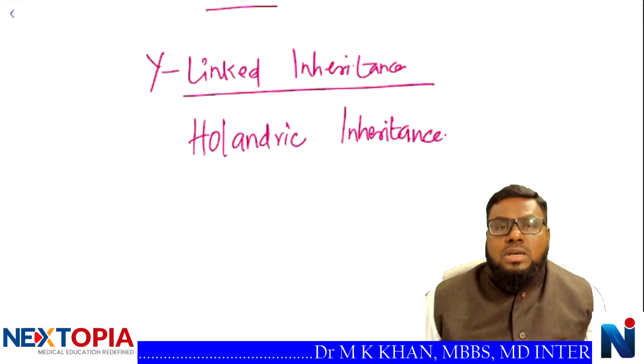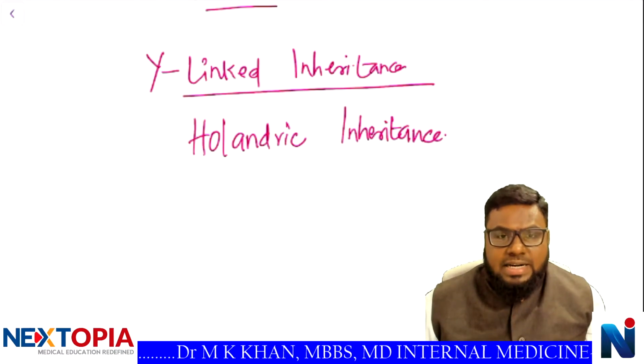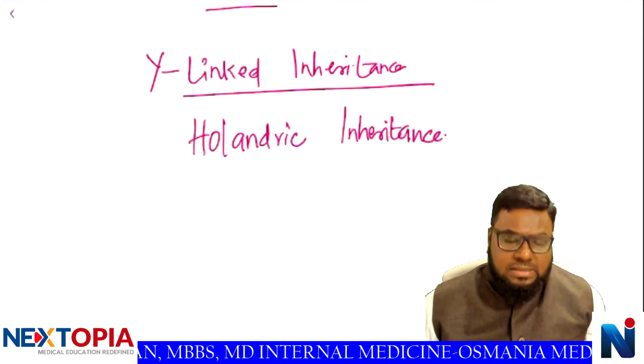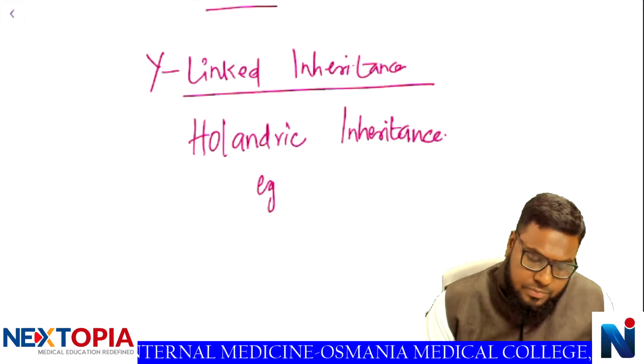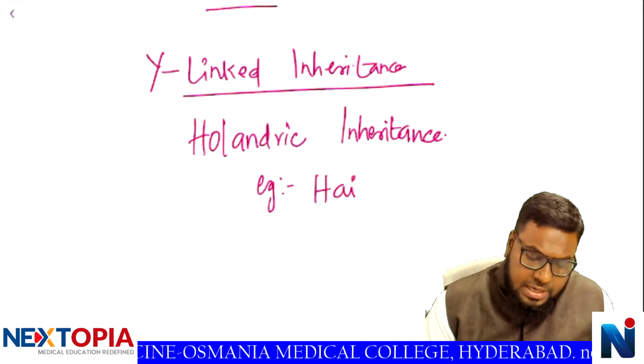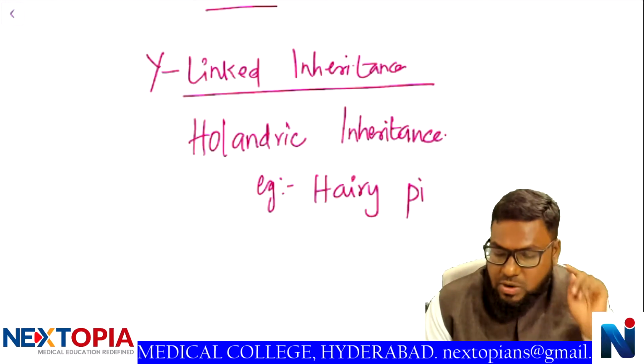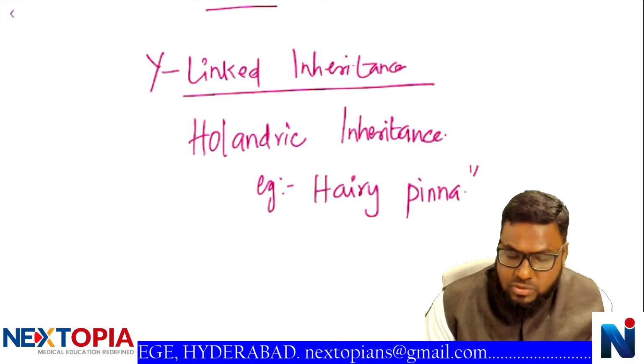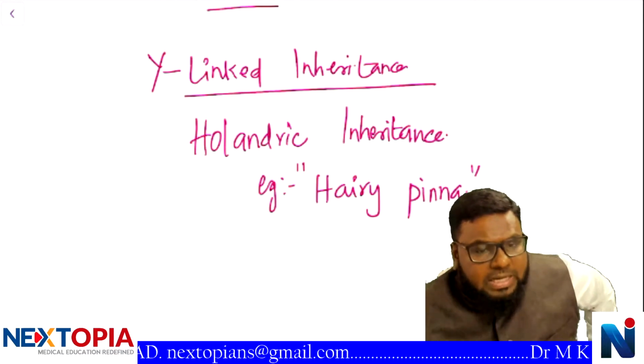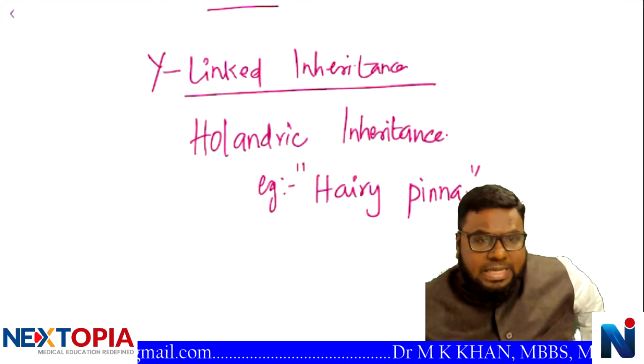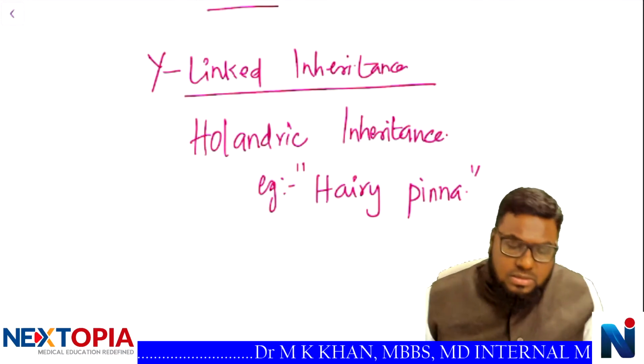Holandric genes carry Y-linked traits. For example, hairy pinna, that is hair on your ears. If you can see this trait, it is commonly seen in males only, not in females. So you are calling it Holandric inheritance.